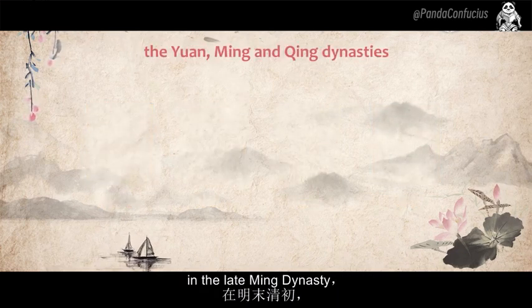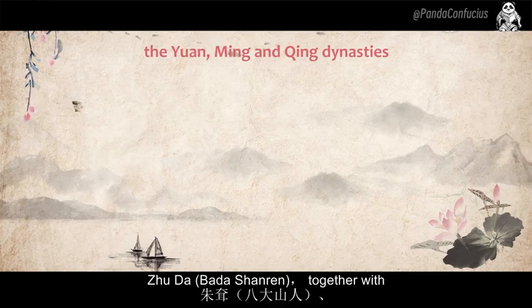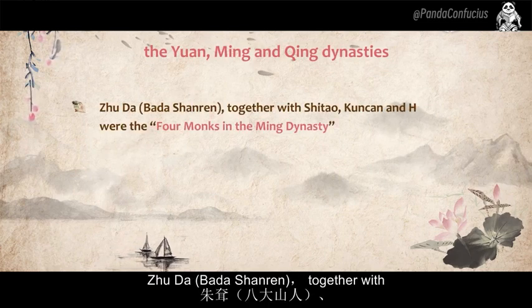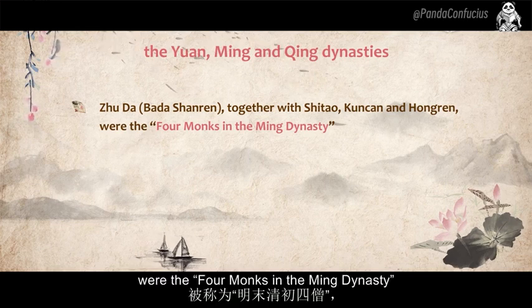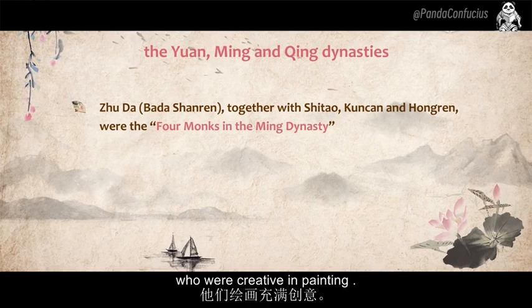What's more, in the late Ming dynasty, Zhu Da, together with Shi Tao, Kun Can, and Hong Ren, were the four monks who were creative in painting.